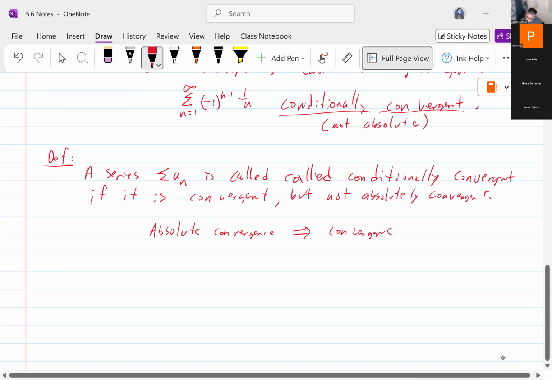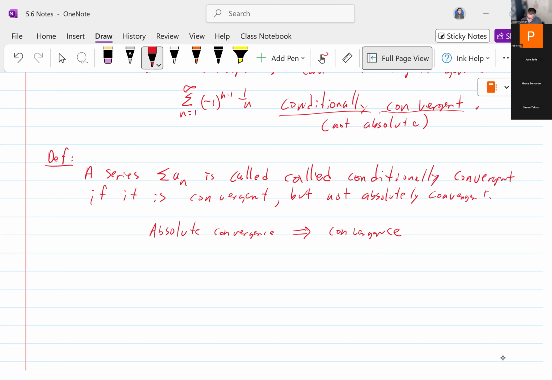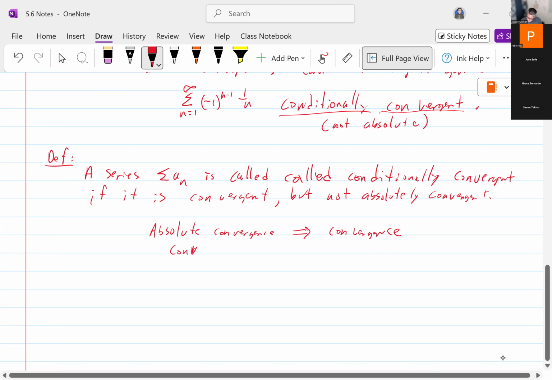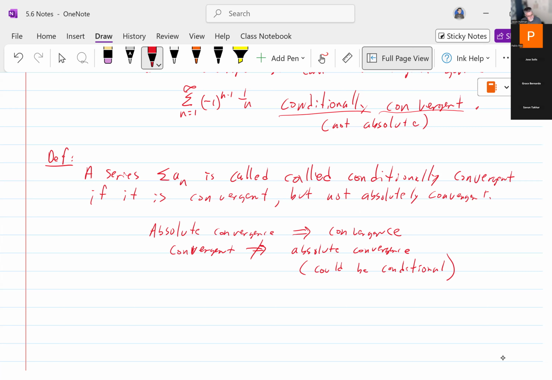If we prove that something is absolutely convergent, we get convergence for free. But if something's convergent, that does not imply absolute convergence, because it could be conditional. Okay, it could be conditional.